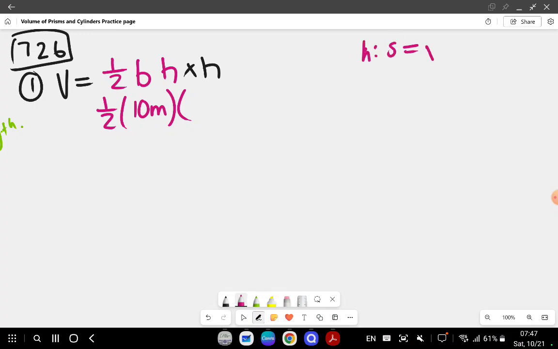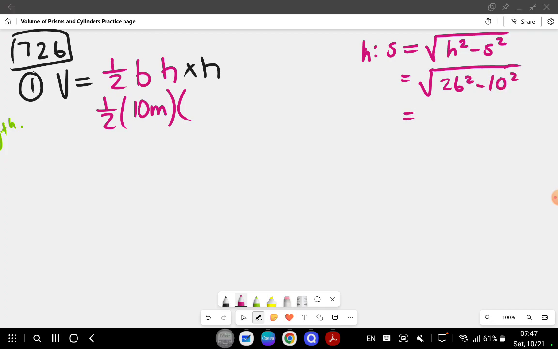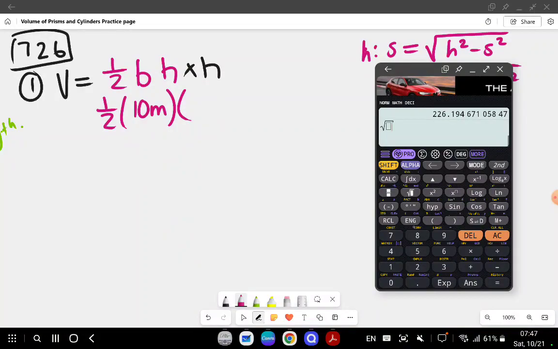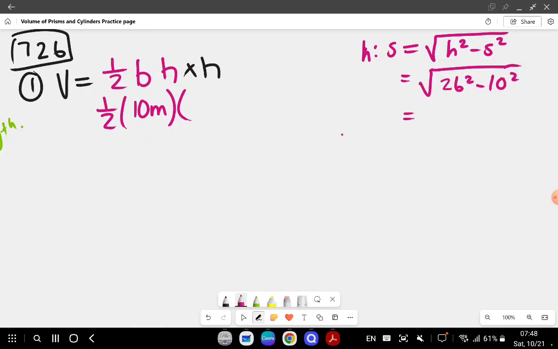Side is equal to the square root of hypotenuse squared minus side squared, which is equal to the square root of 26 squared minus 10 squared, 24. That's equal to 24 meters.